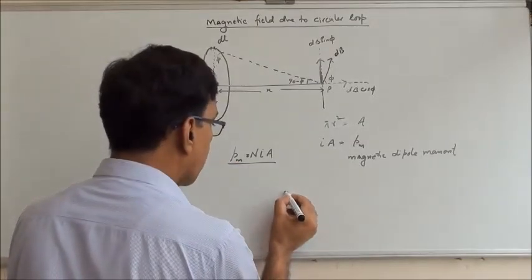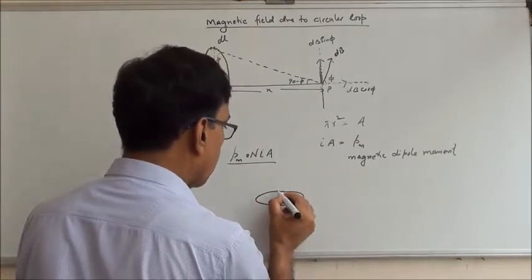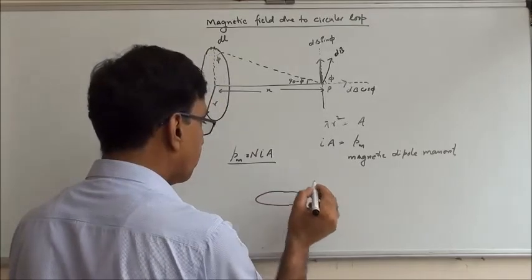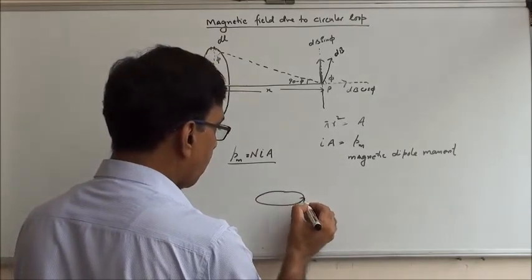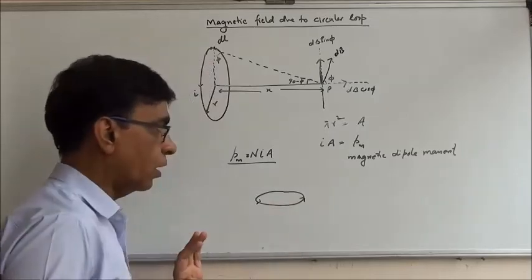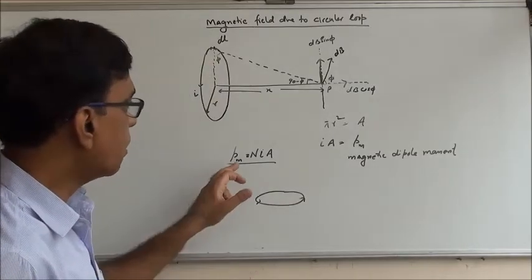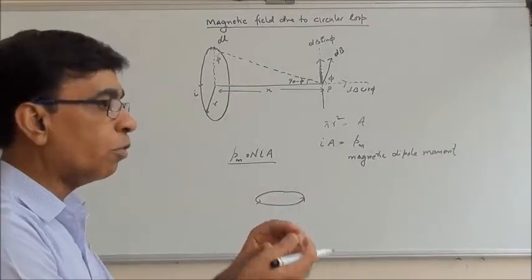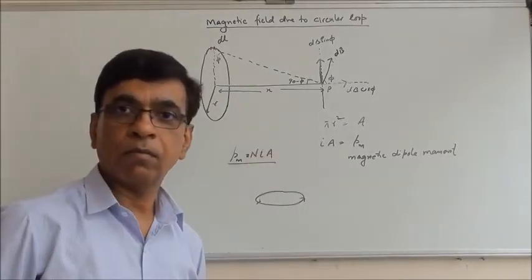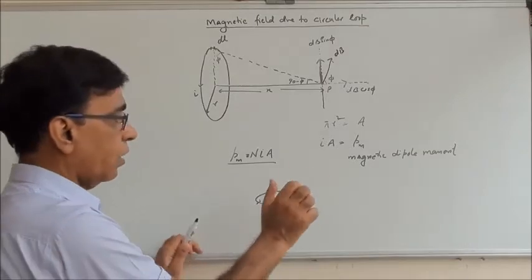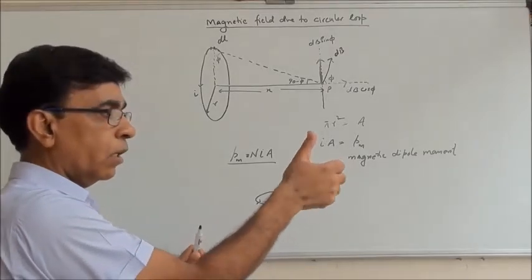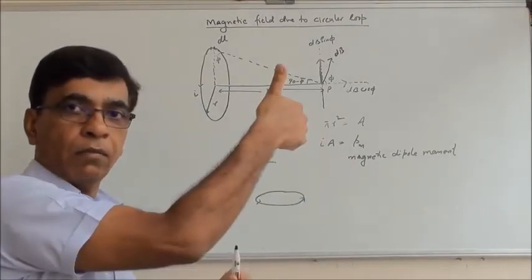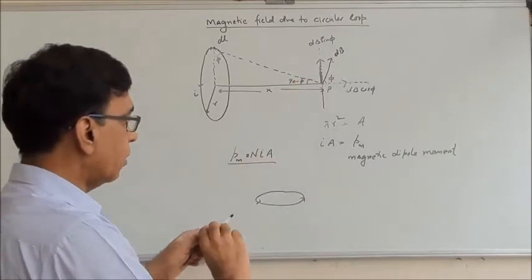How do we find its direction? This is a vector quantity, and let me tell you how to find the direction. Its direction is the same as that of the area vector. But the area vector for a loop can be up or down. So how we find it is, we turn our fingers in the direction of current. The thumb will give us the direction of the dipole moment.